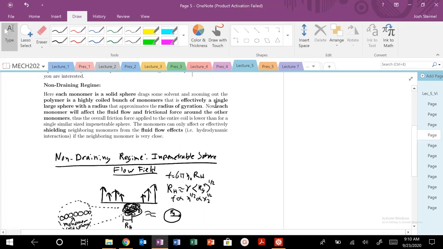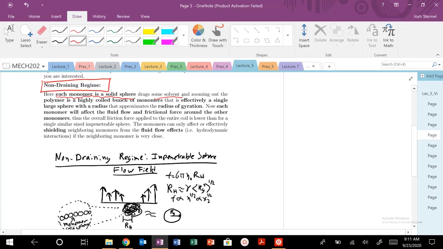Last time we talked about these two regimes, the non-draining regime and the freely draining regime. First today we're going to talk about the non-draining regime. Here we're modeling our polymer: each monomer is some solid sphere that interacts with some solvent.